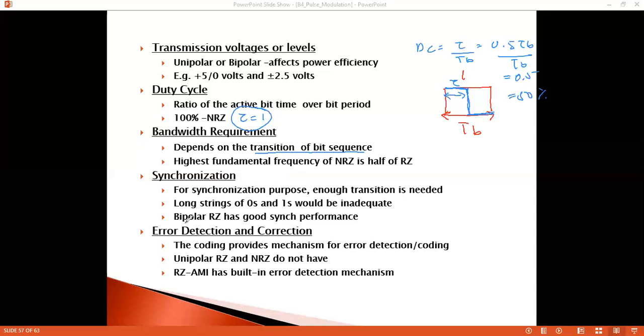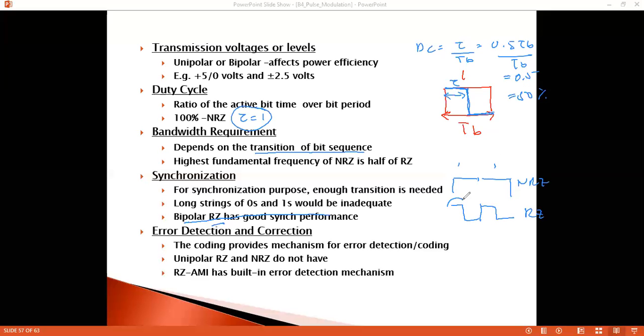So bipolar RZ has good synchronization performance, because for RZ, compared to NRZ like this. Okay, 1, 1, 1. So it's like this, NRZ. For RZ, like bipolar, 1 is another 1, like this.